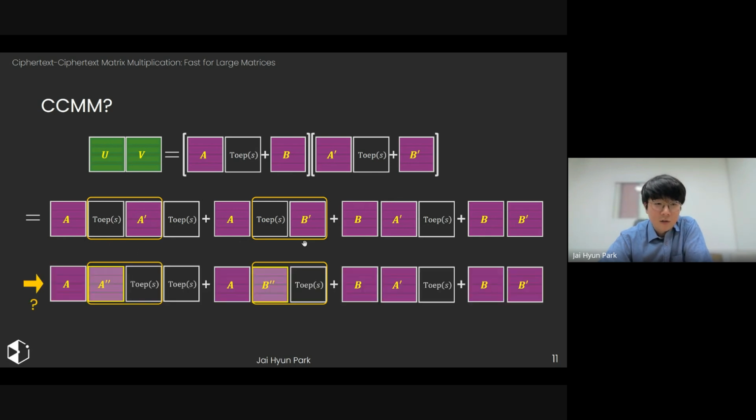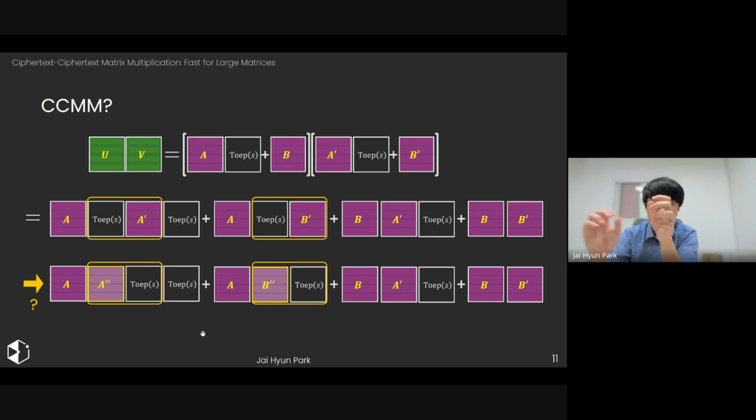So maybe it'll be good if we can swap the order of matrices. It'll be really good if we can simply swap it, so like A times A prime S plus something like this. In that case, we can have 4 plaintext matrix multiplications. And we know what this A A prime S means, and also we know what A A prime S square means here.